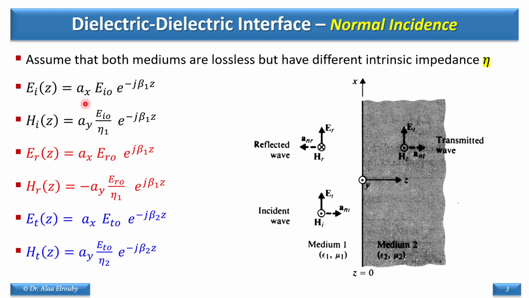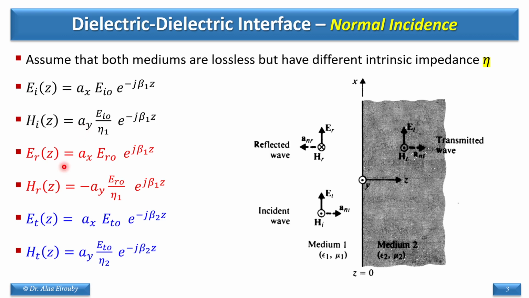If you make it in the AY direction, no problem, it will be the same solution, and it has some magnitude. Then it is propagating in the positive Z direction. Beta 1 is the propagation or phase constant for media number 1. For H, if this is AX and this is in the positive Z direction, this will be in the positive Y direction.